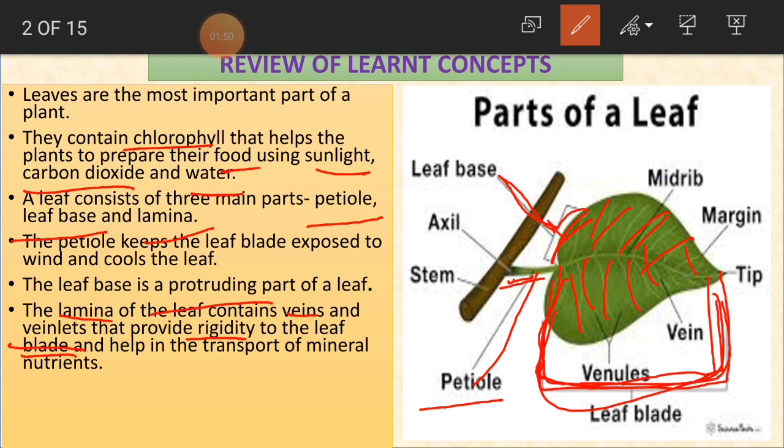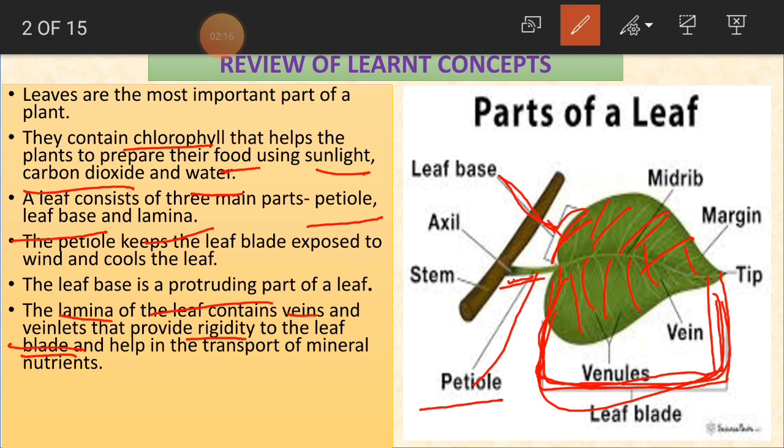These veins and veinlets provide rigidity, in the sense these veins are stiff. They are giving tightness, they are giving stiffness. These veins can't move.